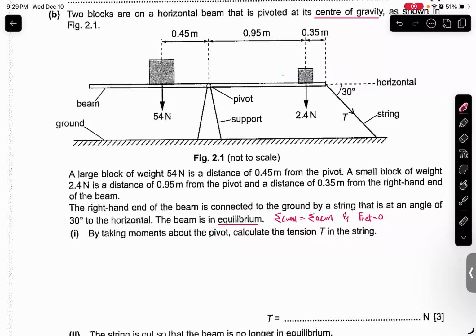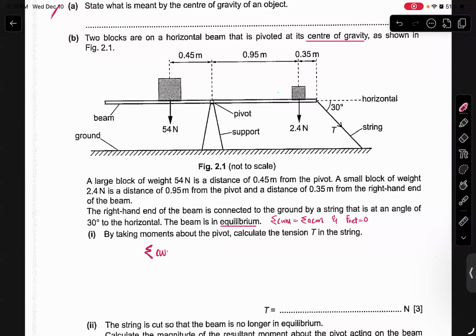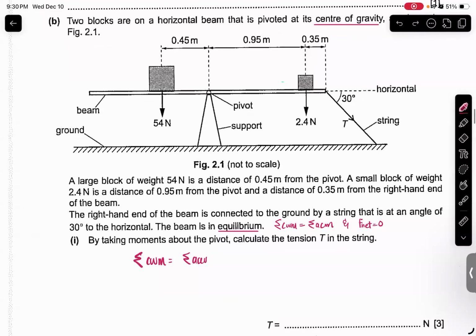Nice question. By taking moments about the pivot, first of all, the sum of clockwise moments should equal the sum of anti-clockwise moments. Let's check the clockwise moments. This one is going to turn the bar clockwise, and this is the anti-clockwise moment, which turns the rod the other way.